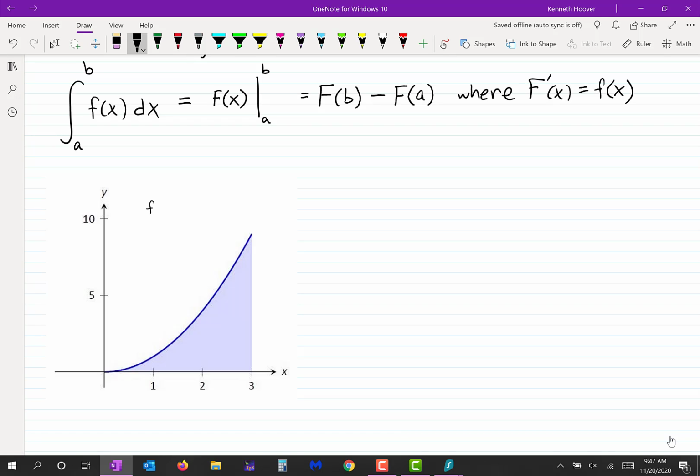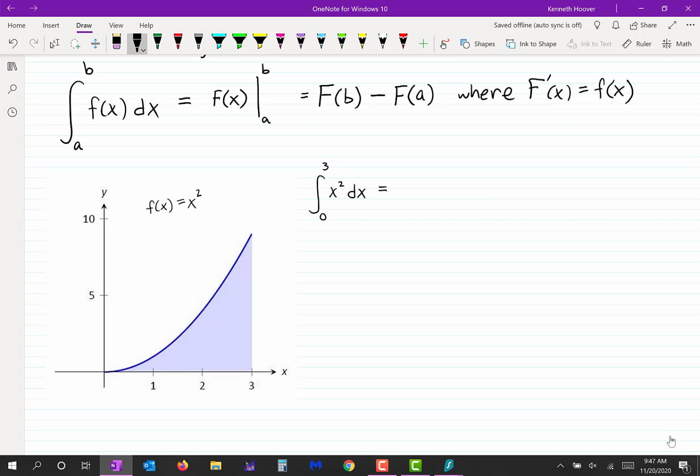Here the function that's graphed is f of x equals x squared, from 0 to 3. So let's calculate that shaded area that they're showing. That would be the integral of x squared with respect to x, from 0 to 3.